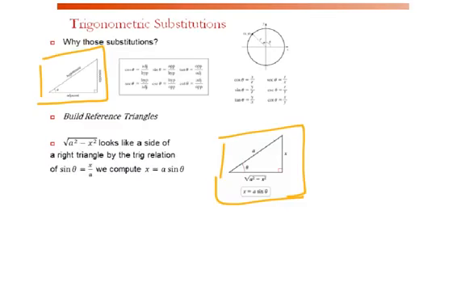The Pythagorean theorem would state that the root of a squared minus x squared, plus x squared, equals a squared. I mean, that's essentially what it's saying.